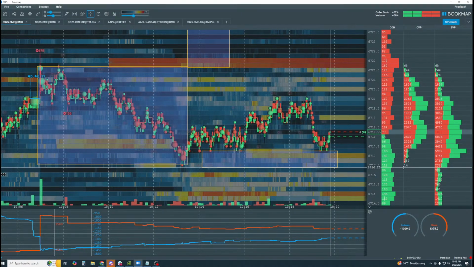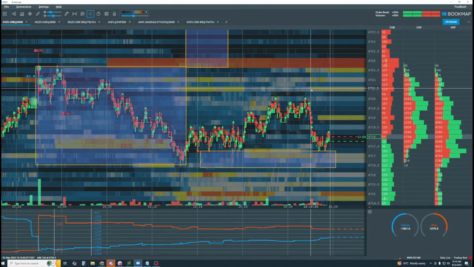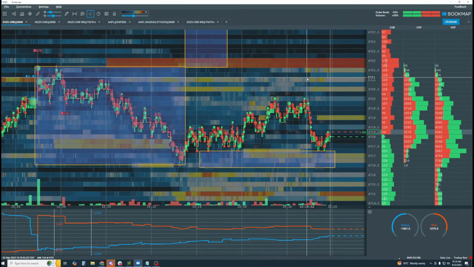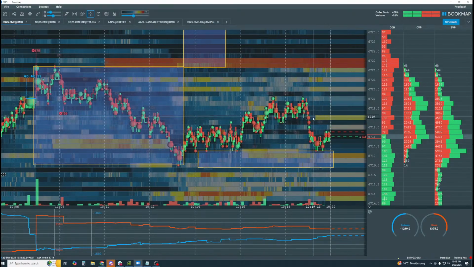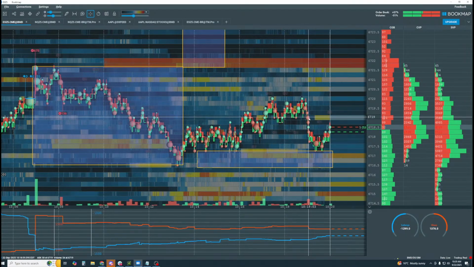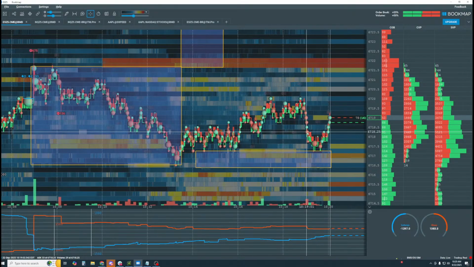I would look for buyers to come back in. Okay? Maybe we go down to the bottom of the profile here. But I would look for buyers to come back in and trade it probably right back up to 19 or 20 here. Okay, we're already at 19.